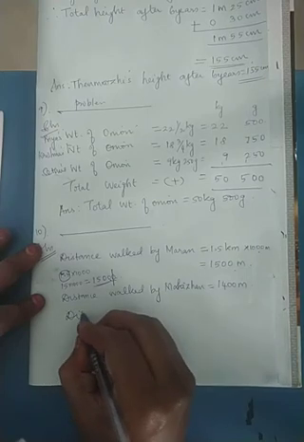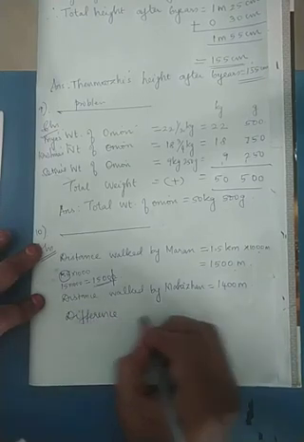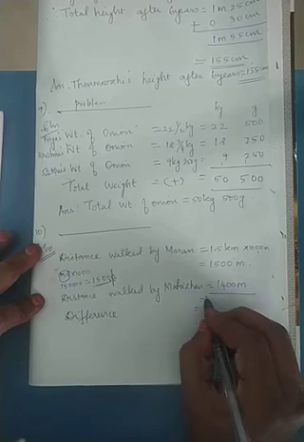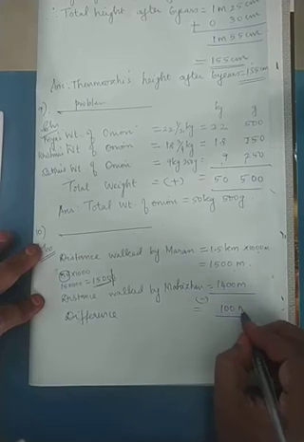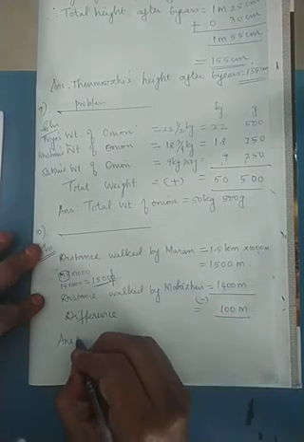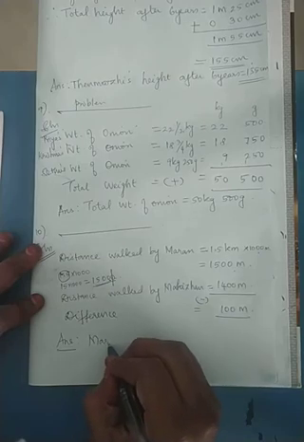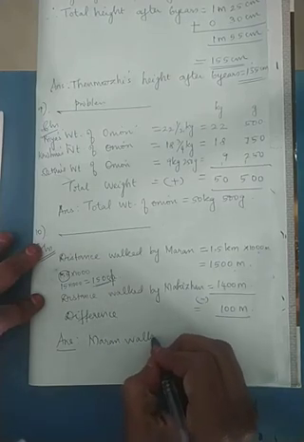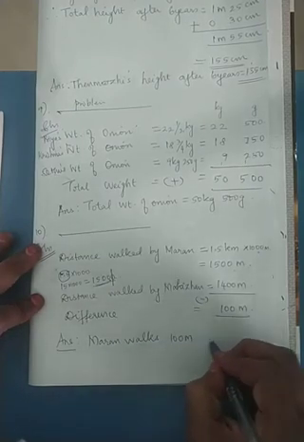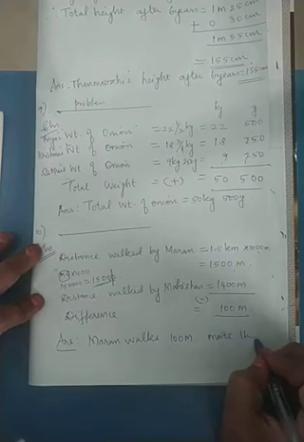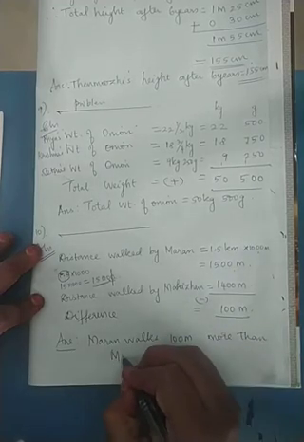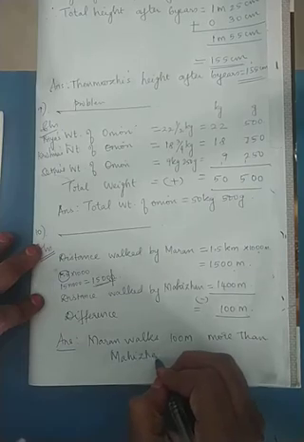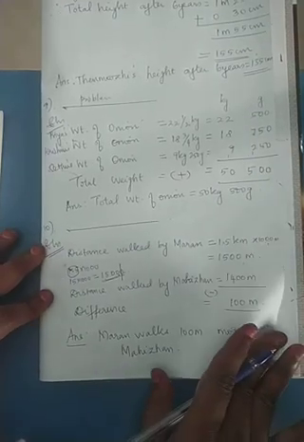So the difference, I am going to subtract, will become 100. So in the answer I can say Maran walks 100 meters more than Mahilan. Okay. Now coming to the 11th question.